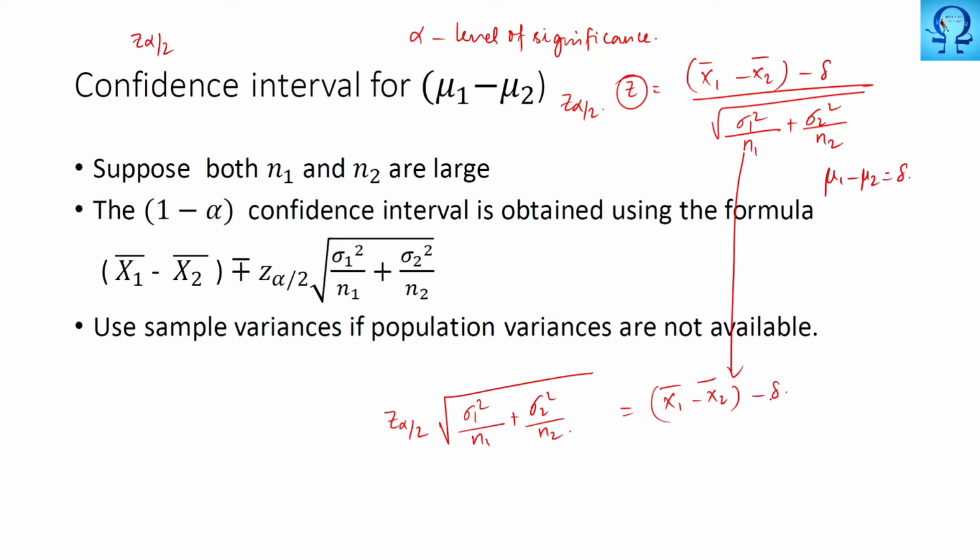Keep this on one side. Delta would be x1 bar minus x2 bar, plus or minus z alpha upon 2 under root sigma 1 square upon n1 plus sigma 2 square upon n2. So now you have got mu1 minus mu2 as this quantity.